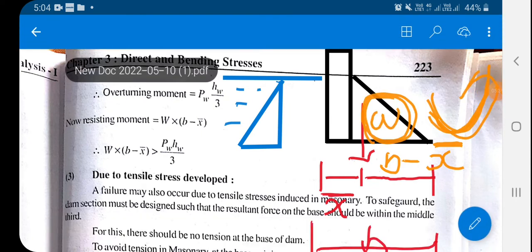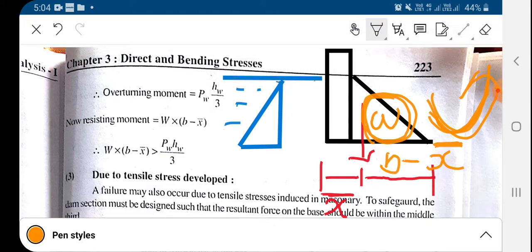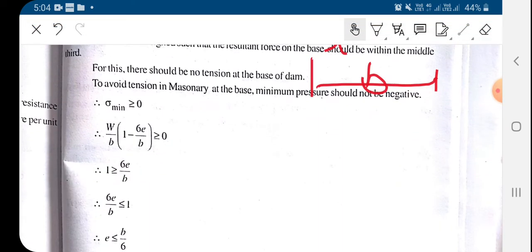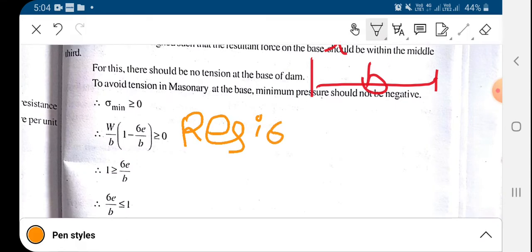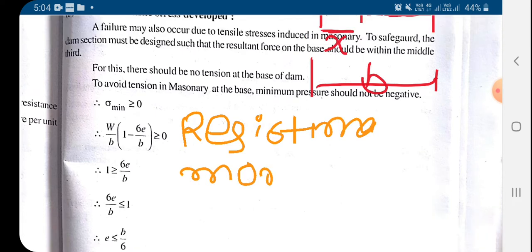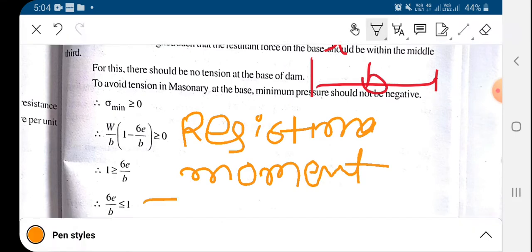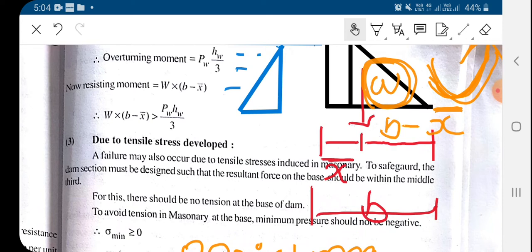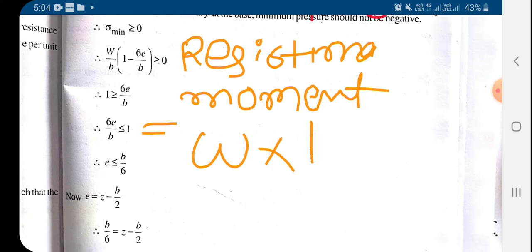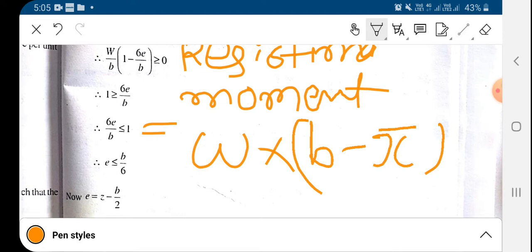The resisting moment will be equal to this force W, the weight, into the distance from the toe. So from this toe, the distance will be b minus x bar. So the resisting moment is W into b minus x bar.